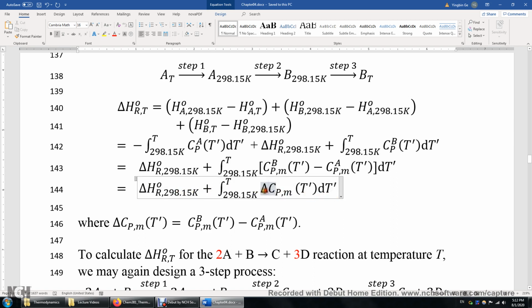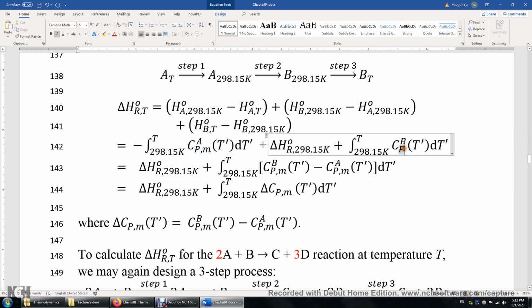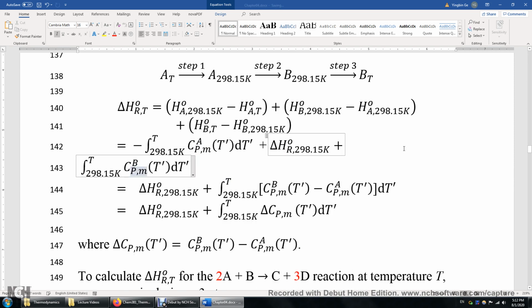This correction has a baseline, room temperature, so we go from room temperature to our target temperature T, and we integrate this delta Cpm. I forgot to put molar here and molar here.